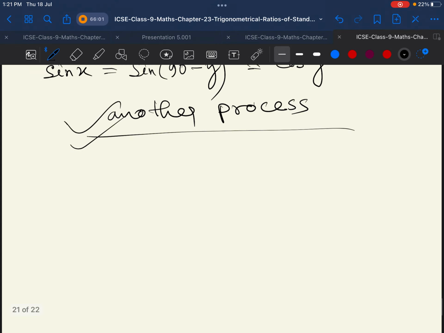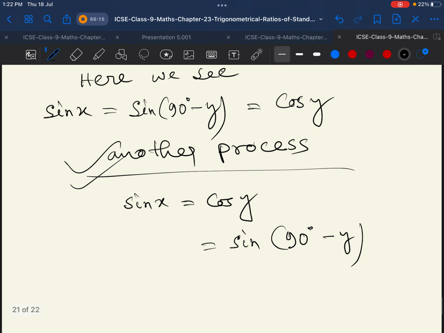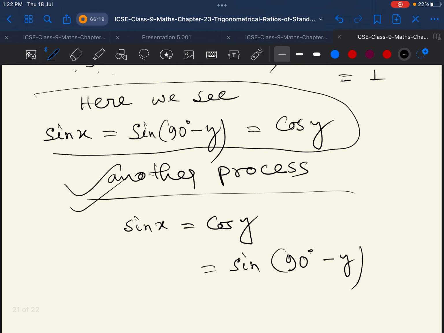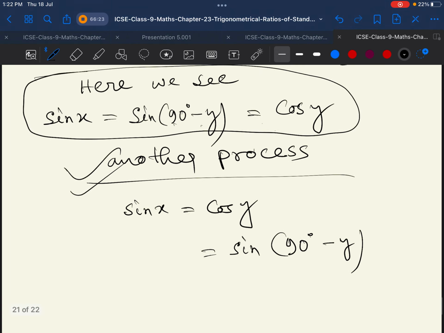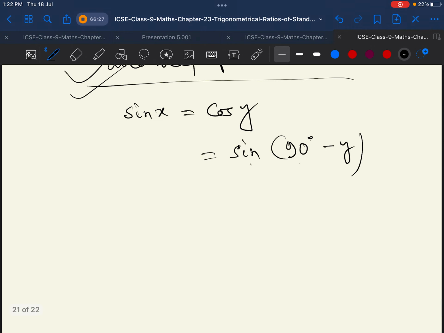This process is, if sin x equals to cos y, then we can write sin of 90 minus y. Here you see, sin of 90 minus y equals to cos of y. Cos y we can write as sin of 90 minus y.